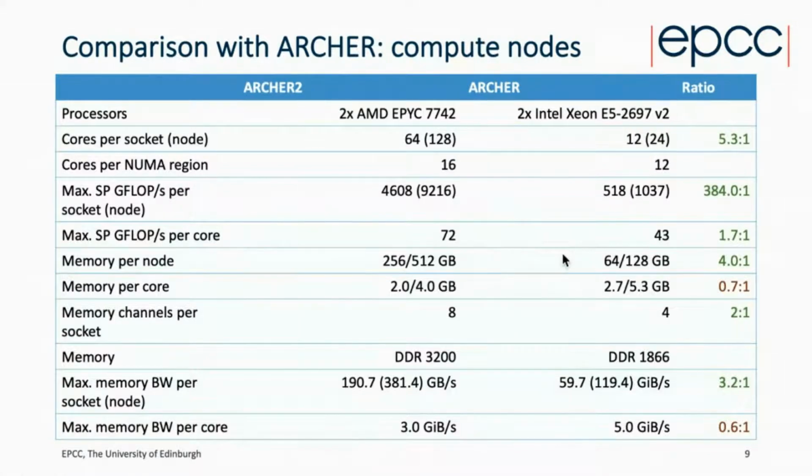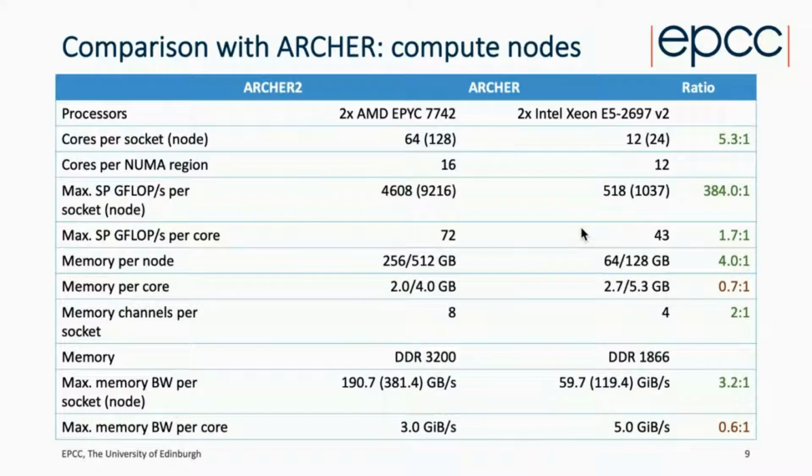In terms of memory, there's a lot more memory per node, but because there's so many more cores per node, sorry, it looks like that should be 3.84. Sorry, yes, you're right, I've got the decimal point wrong there in terms of the count and the number.